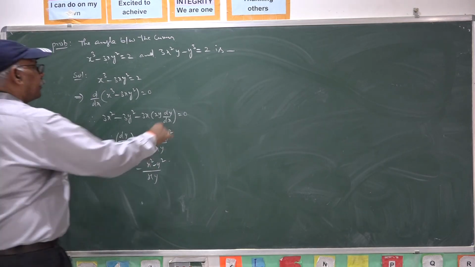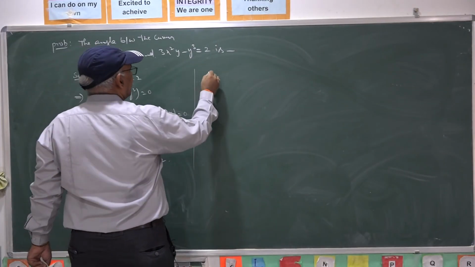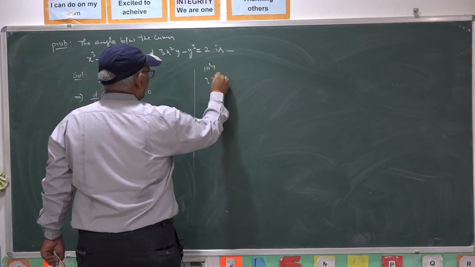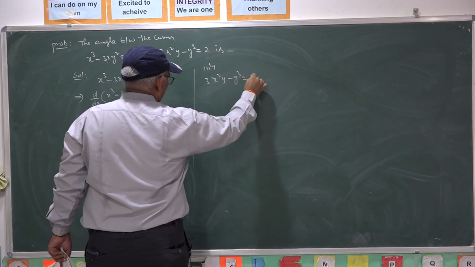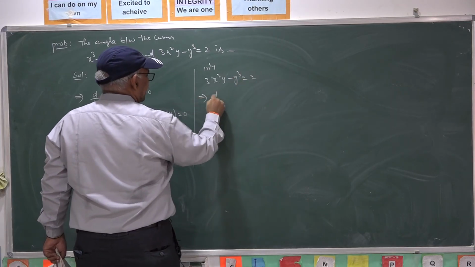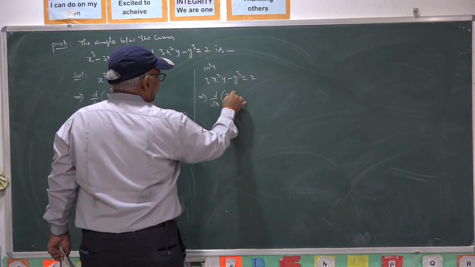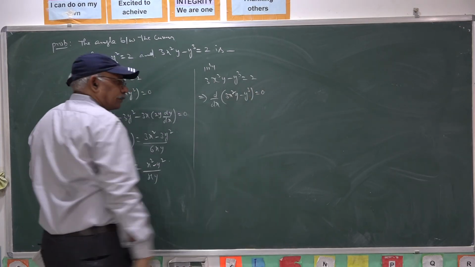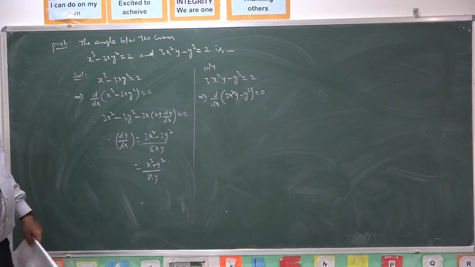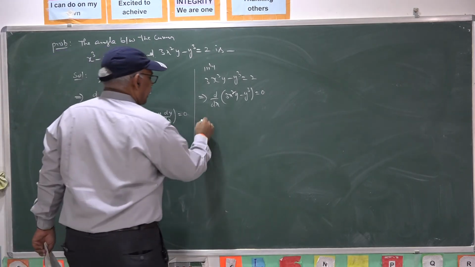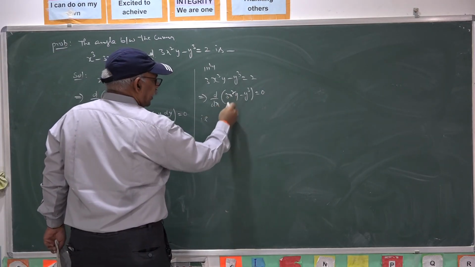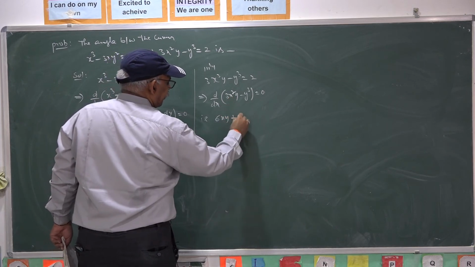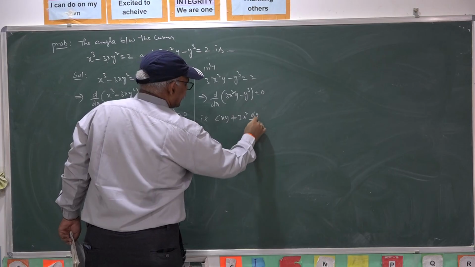Similarly, from the second one, 3x square y minus y cube equal to 2, taking d by dx of this curve, that is taking derivative for x square y, 6xy plus 3x square into dy by dx, of course.